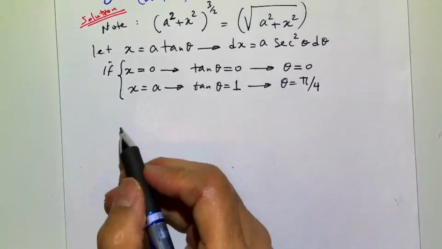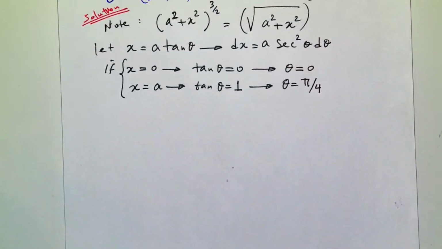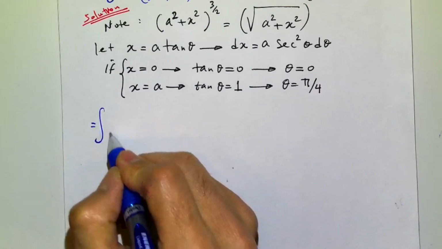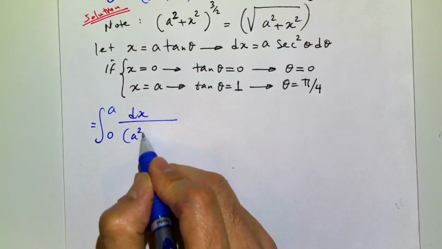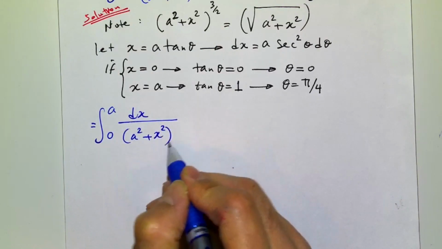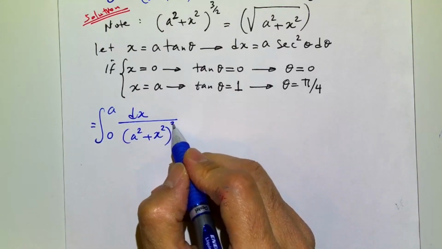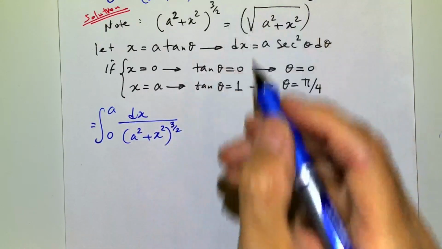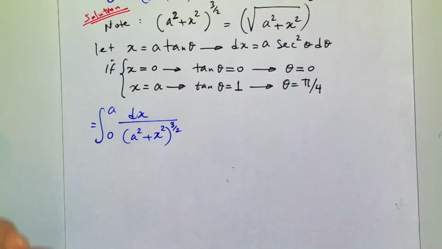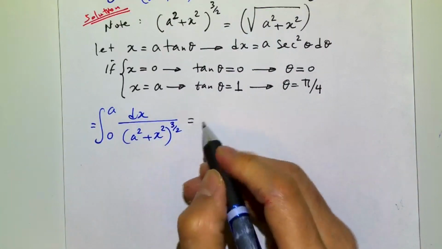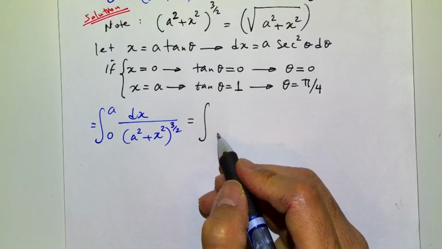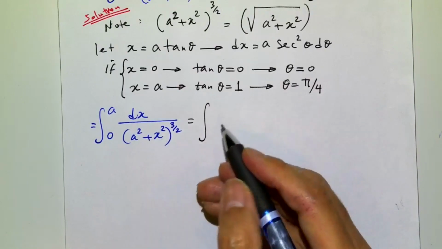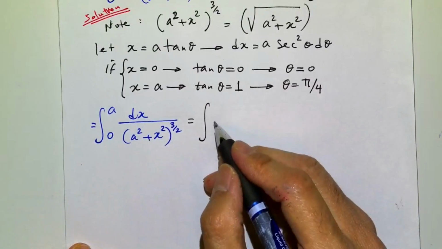So we can rewrite. We started with the integral from 0 to a of dx over a squared plus x squared. I'm rewriting it because it's off the screen. Then let's actually rewrite this in terms of the square root.